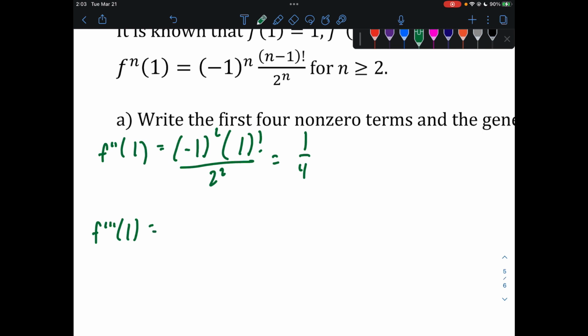And for the third derivative, it would be negative 1 to the third power, and then 3 minus 1, which is 2 factorial, over 2 cubed. So it would be negative 2 over 8, or negative 1/4.